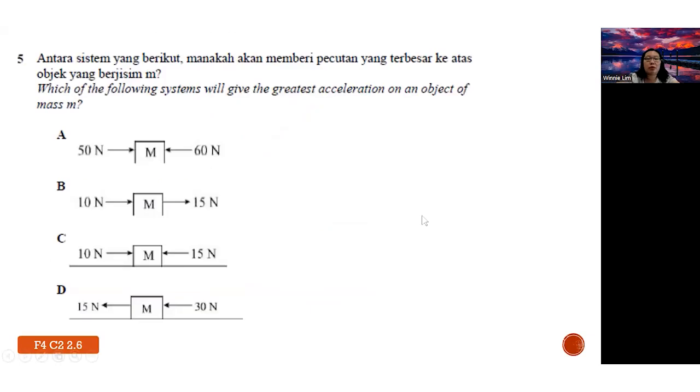Okay, then we proceed to number 5. Which of the following systems will give the greatest acceleration on an object of mass m? This is from Form 4, Chapter 2, Force. They want the greatest acceleration. For this topic, 2.6, the idea of force, you will have the concept F net equals ma, Newton's second law of motion.